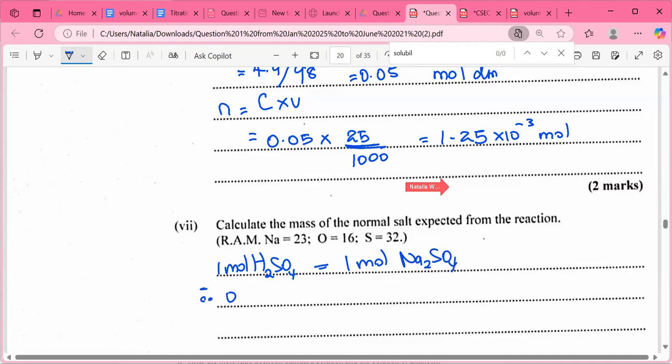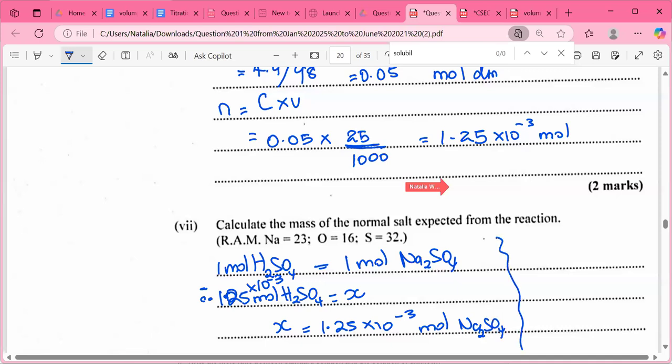Therefore, 1.25 times 10 to the -3 mole of H2SO4 will react with X, and because it's a 1-to-1 mole ratio, X is going to be 1.25 times 10 to the -3, sorry. So I'm not done yet. This is the number of moles of Na2SO4 that is formed.